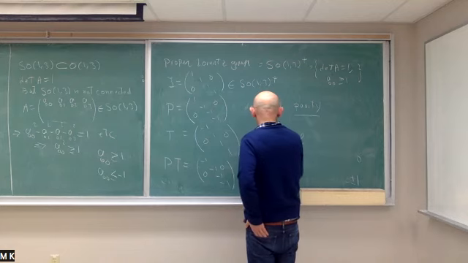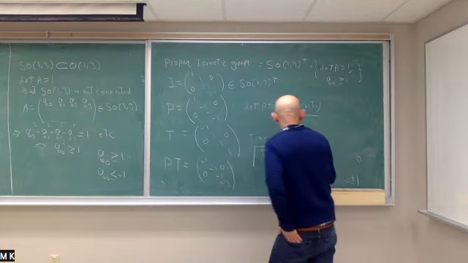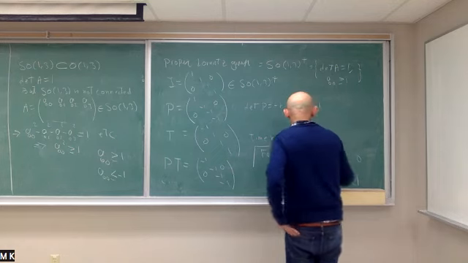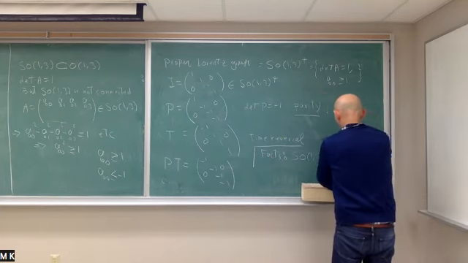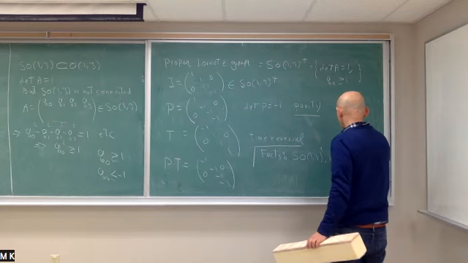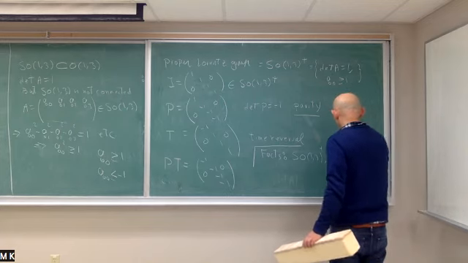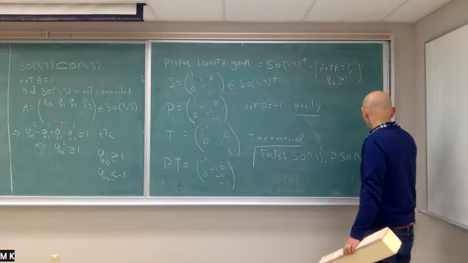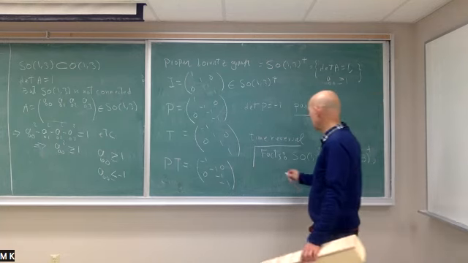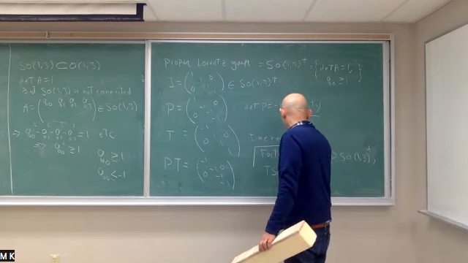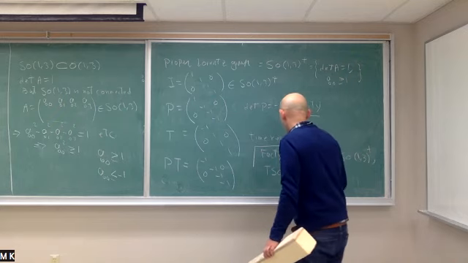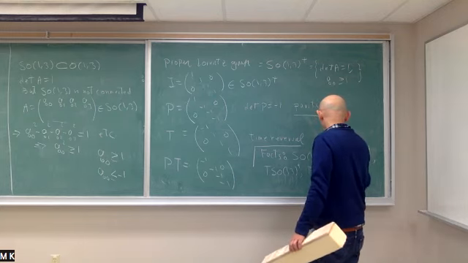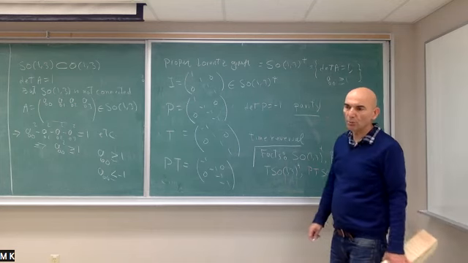So the fact is that SO(1,3)+, and then P times SO(1,3)+, and then T times SO(1,3)+, and then PT times SO(1,3)+. These are the four connected components of the Lorentz group.